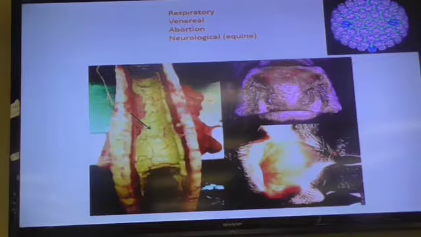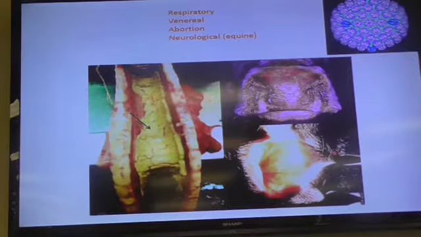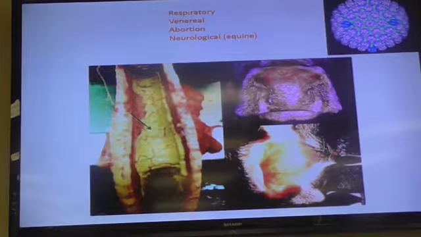Okay. This is another reportable disease. It causes respiratory and venereal disease, it causes abortion, and in species other than the bovine, it causes neurological symptoms. When you have respiratory, venereal, abortion, think about herpes, because it usually replicates at these locations and causes problems. This is a section of the trachea, and what you have is a formation of a film on the trachea.